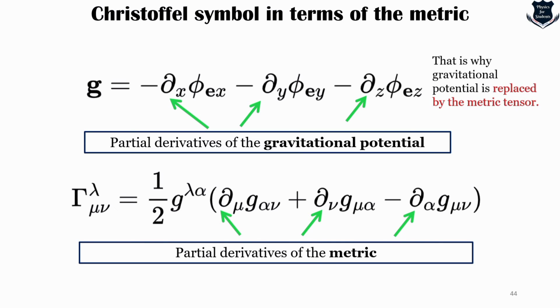I hope you can understand what I'm trying to make, a point about how this shift really happens. In both cases these are partial derivatives. In the Newtonian case, it's the gravitational potential, and here it is the metric.